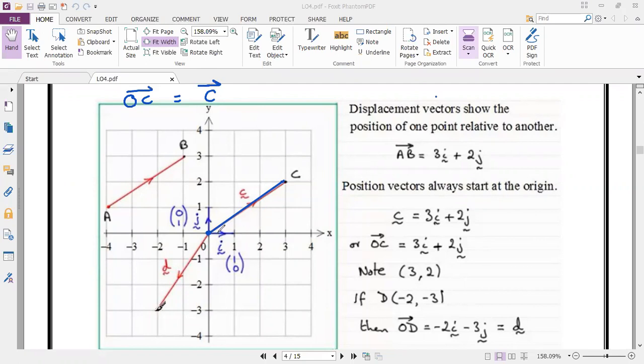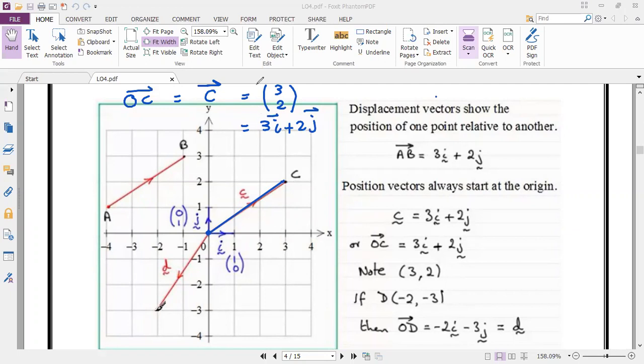The vector C, we moved from the origin point, how many units on the x-axis? 1, 2, 3, and we moved up 2 units. So the vector C is 3 and 2, or we can write it by using the unit vectors, which is 3i plus 2j. They have the same meaning.